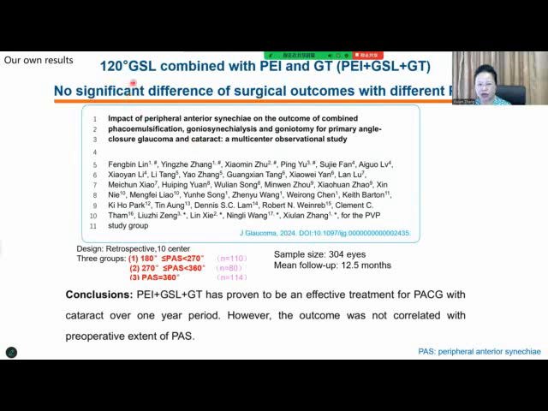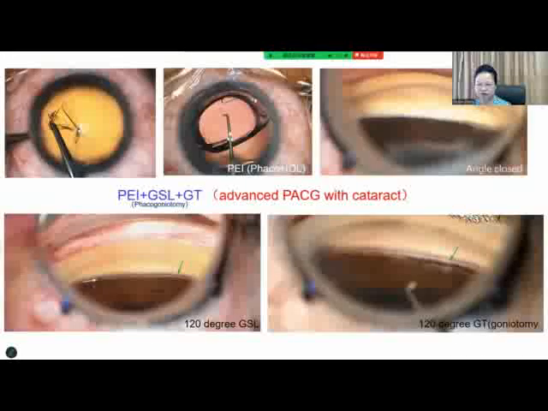We used 120-degree GSL combined with PEI and GT to treat advanced PACG with different synechia ranges and found there is no significant difference in surgical outcomes. That is, 120-degree GSL is enough.